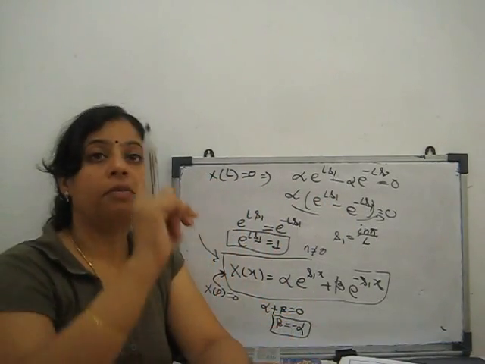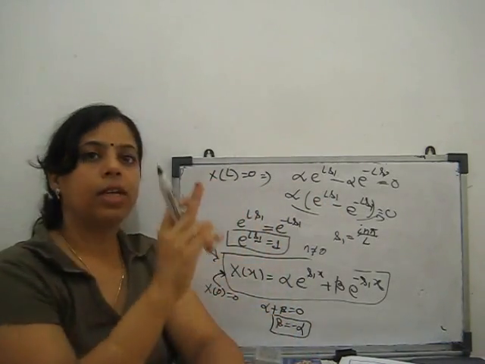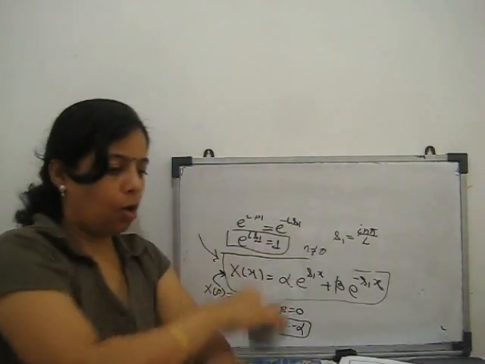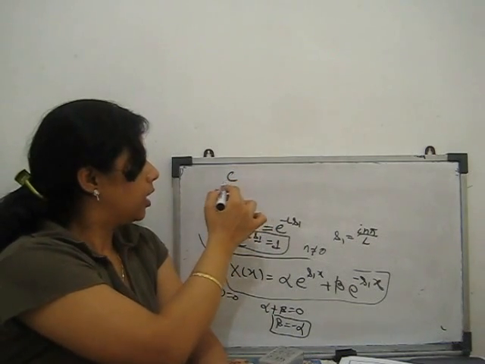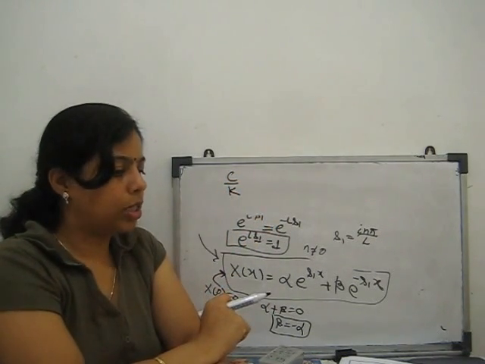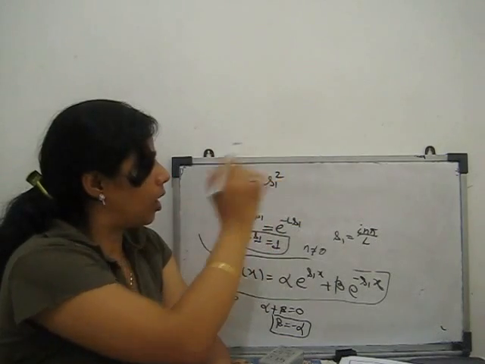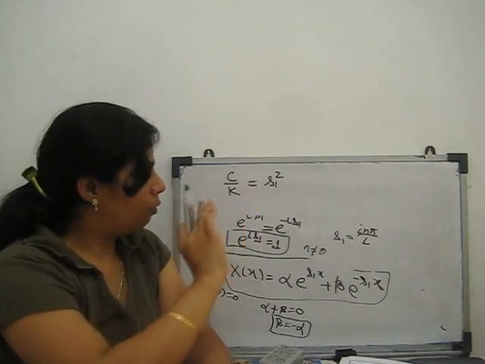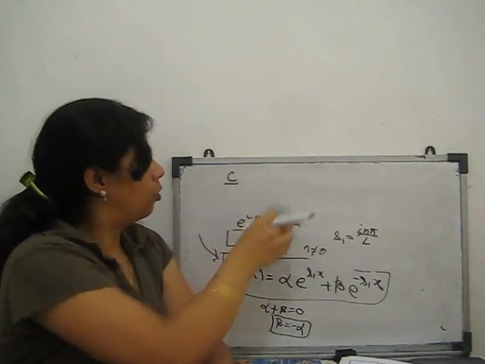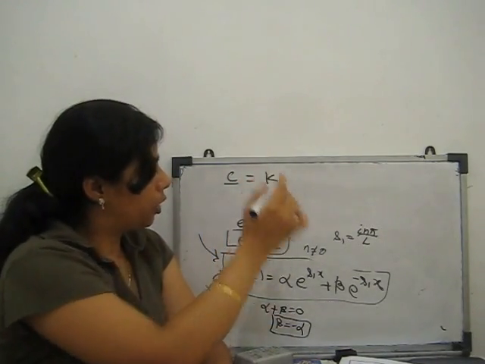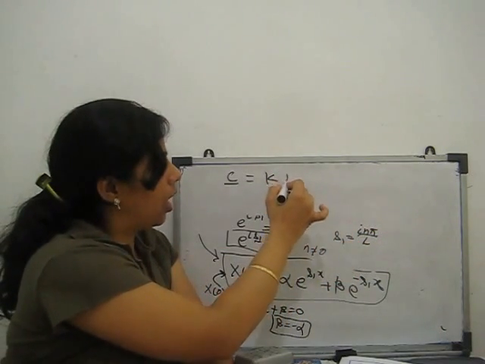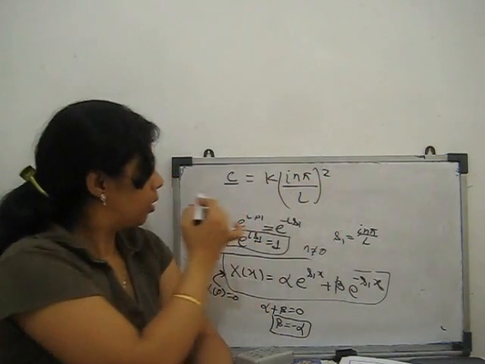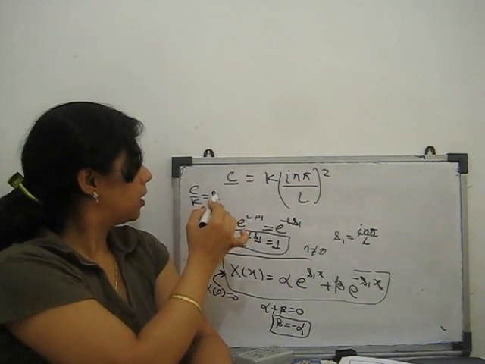Now what is S1? With that equation, S1 is root of C by K, S2 is minus root of C by K. Clear? So again I rewrite: C by K is S1 square. Now what is C? So I find out C. C is K into S1 square, S1 is iota n pi by L, because C by K is S square.